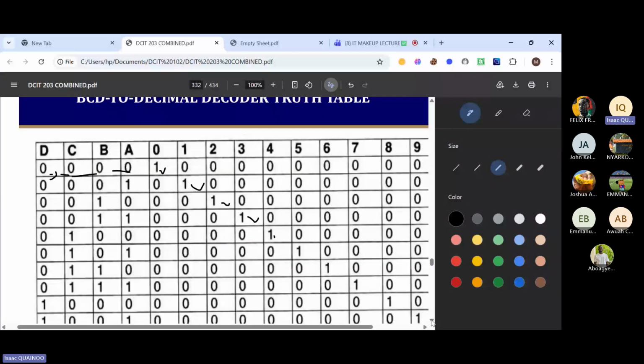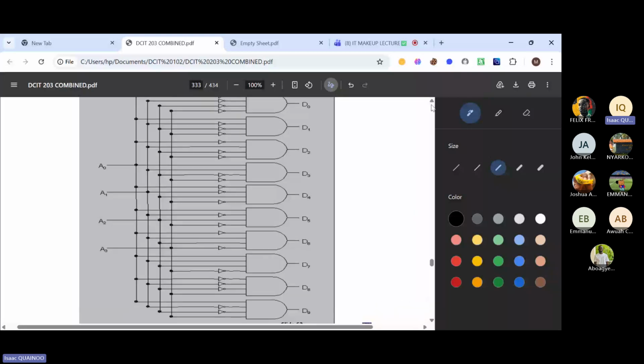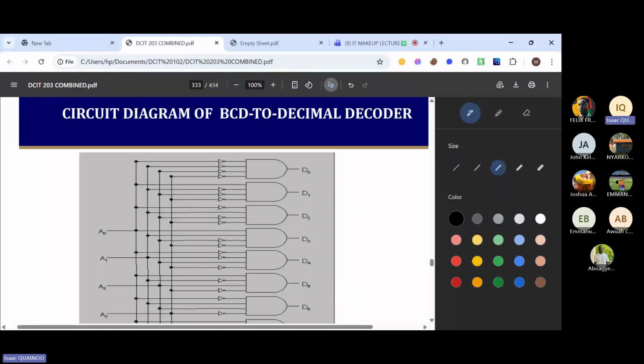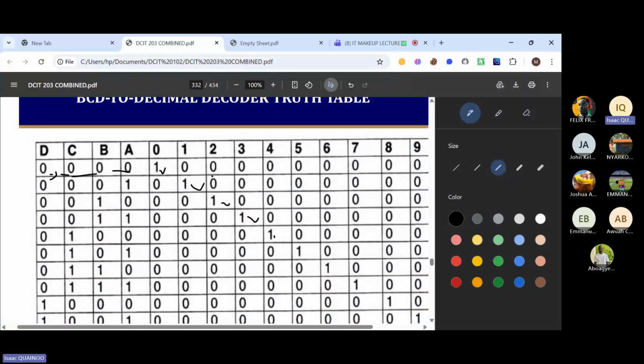All right, so this is going to be the circuit diagram for a 3 to 8 decoder. Okay, and it just stems out from the resulting expression. So let's try and then deduce the expression for, let's say, 2 or 3 of them.